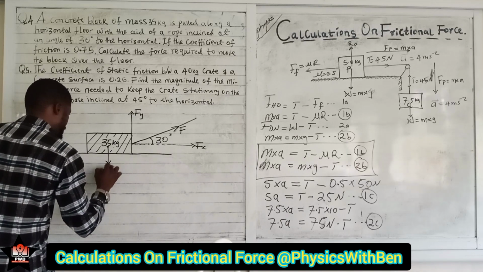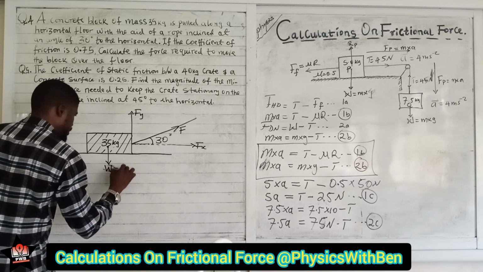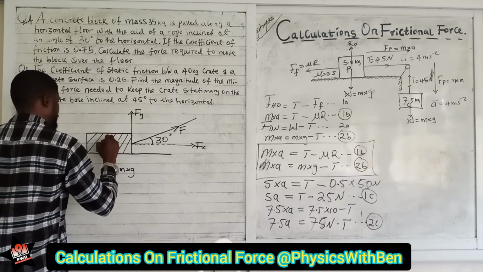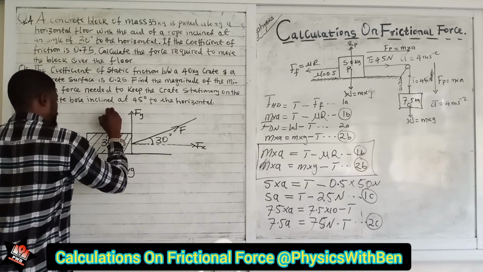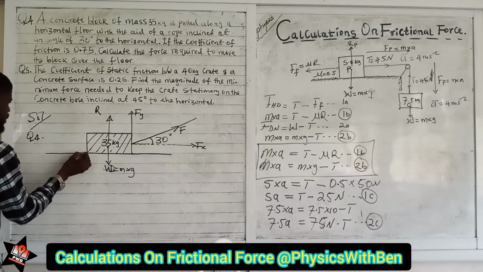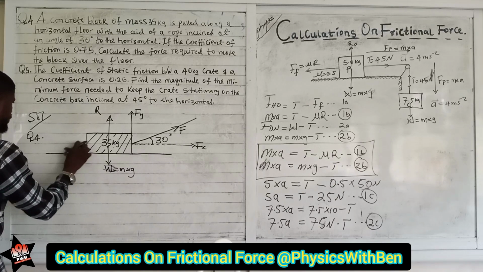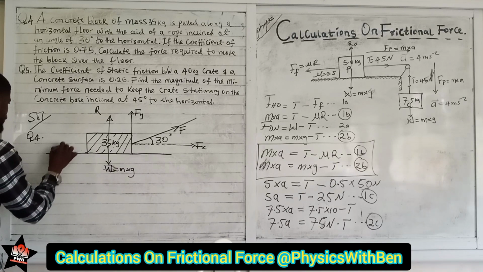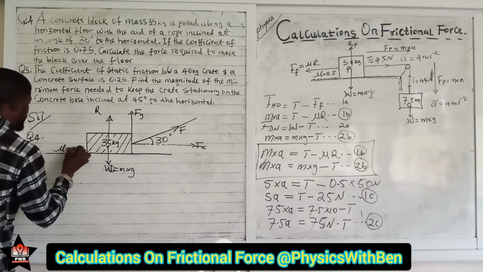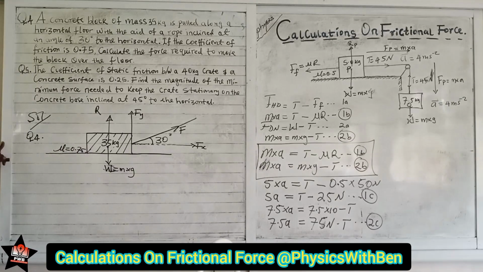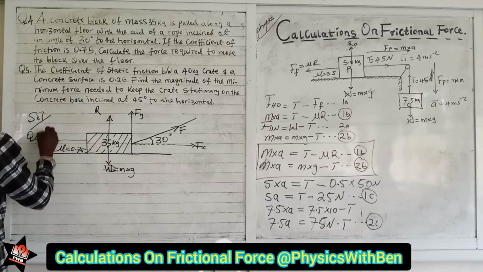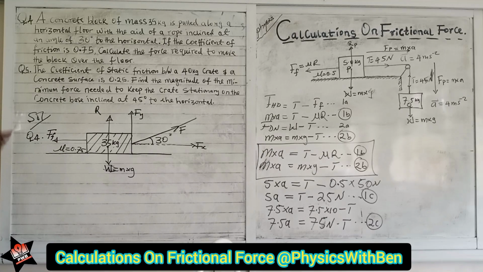The weight of the block W is equal to mass times gravity. And up here is the normal reaction R, and here is the coefficient of friction, and it's given to be 0.75, and right here is the frictional force.